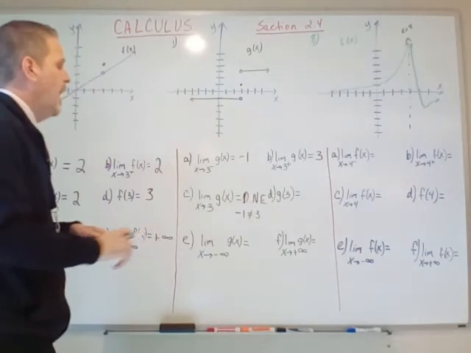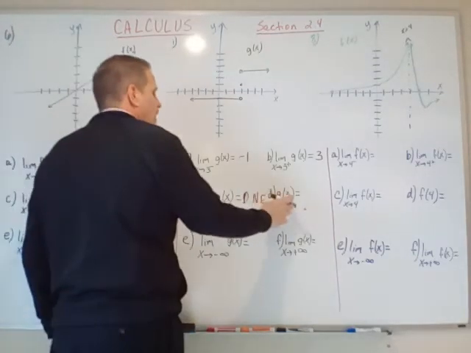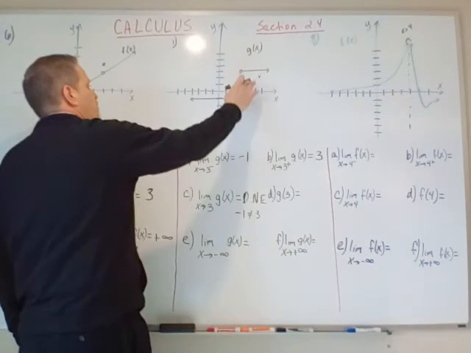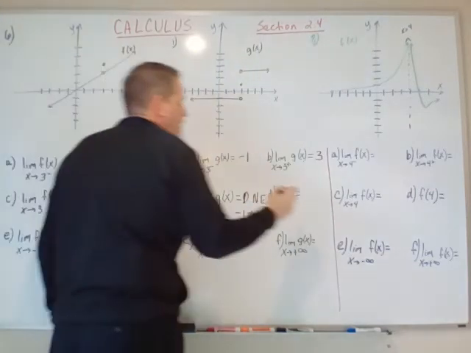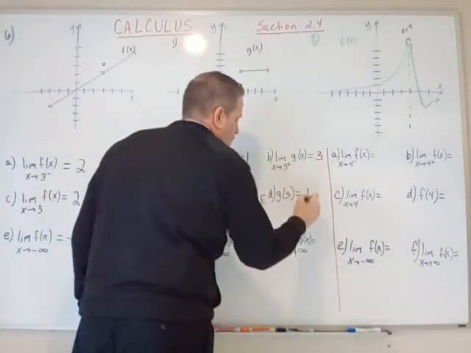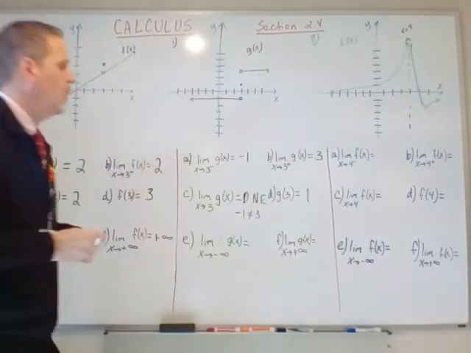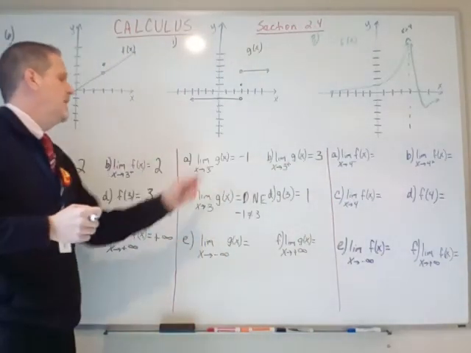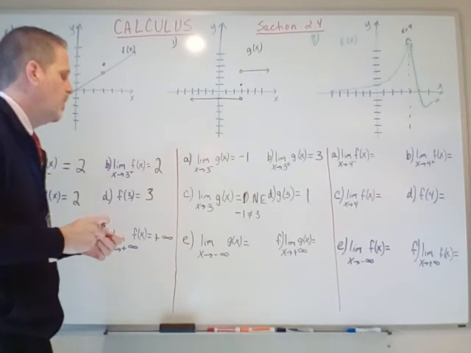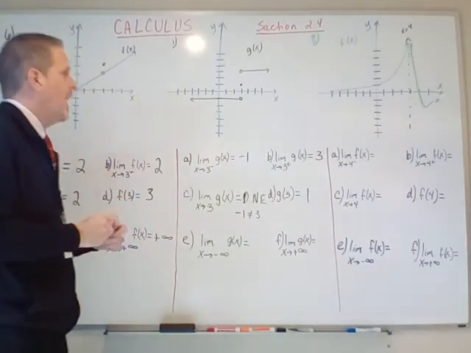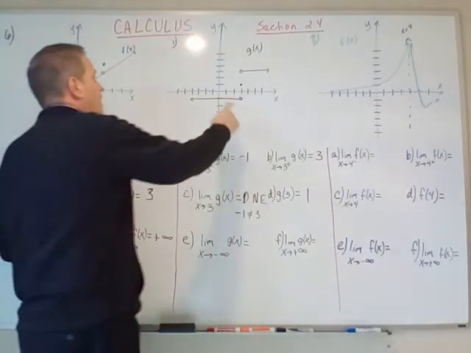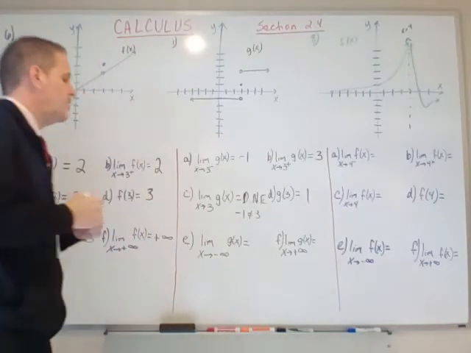Lastly, at 3, we want to know what the output is. In this case, we've got a closed circle at 1, so g of 3 equals 1. Since A, B, C, and D are all different, we know we are discontinuous at that value, which in this case was 3.